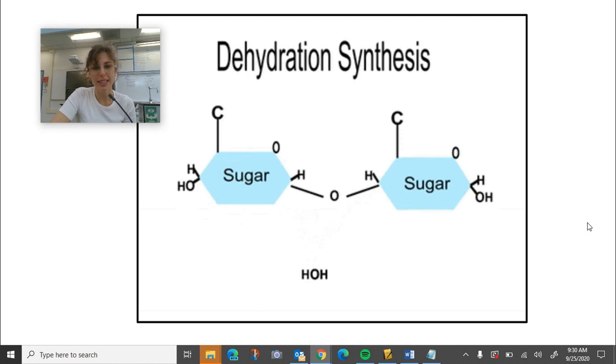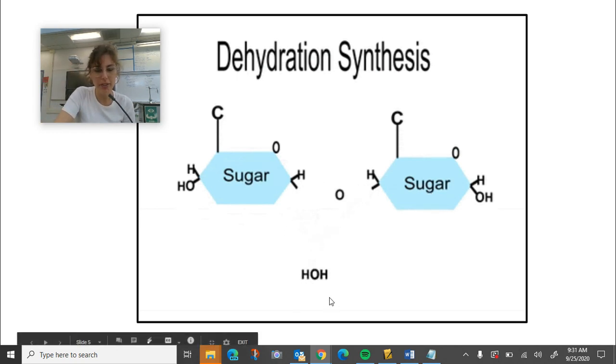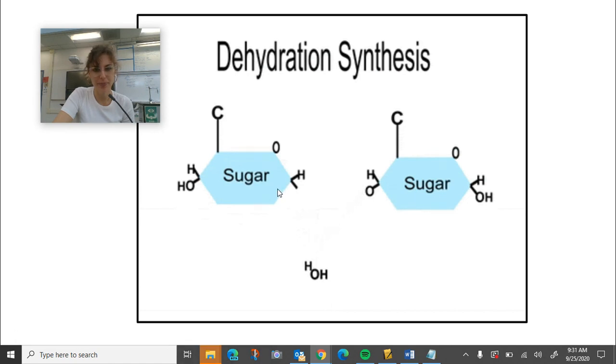Hopefully what you can see is that you lose an OH from one of the sugars, and you lose an H from another one. And we know 2 H's and 1 O is H2O. So by removing one molecule of water, we are able to now bond these two monomers together. And you can see here they are bonding at the O group.